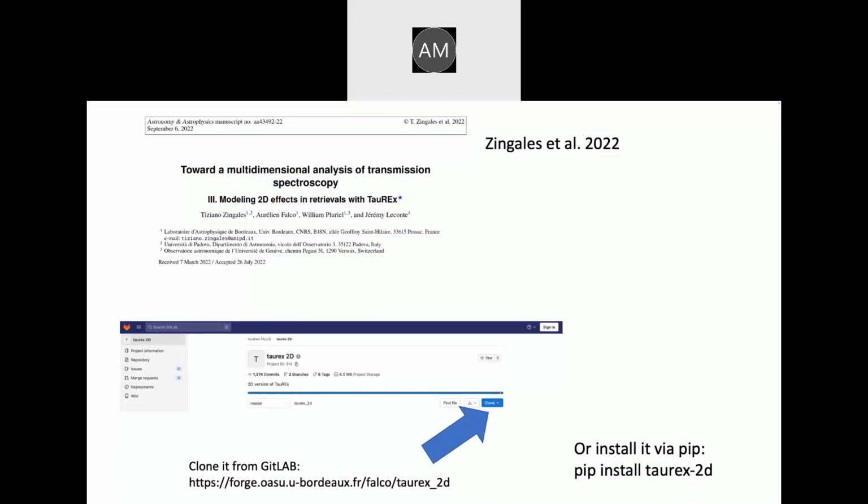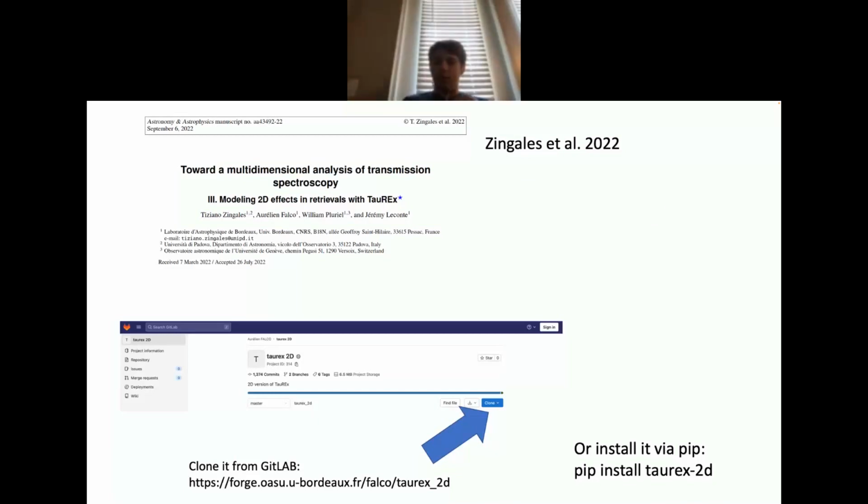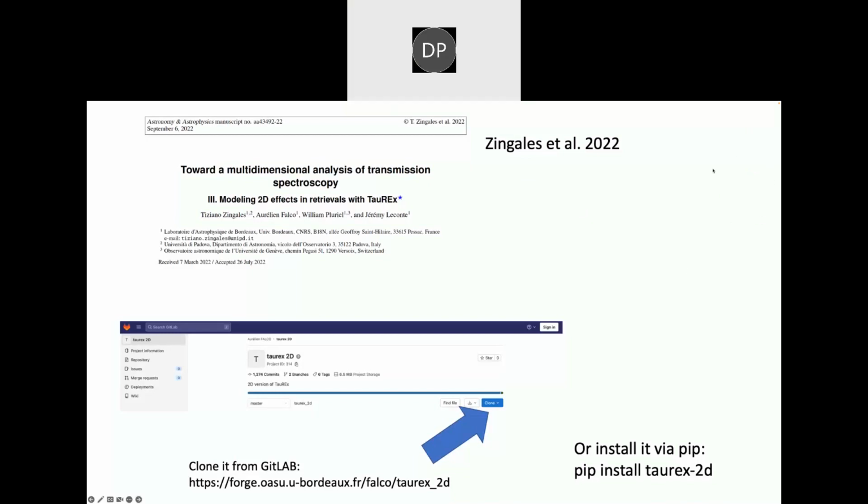Can't see any. Oh, here, yes. All right, if you have your hand up, feel free to unmute. Actually, no, I do not have any question. I could not lower my hand actually. Sorry. All right.